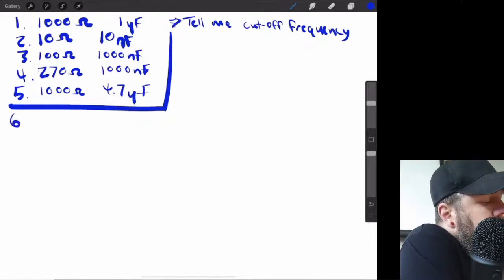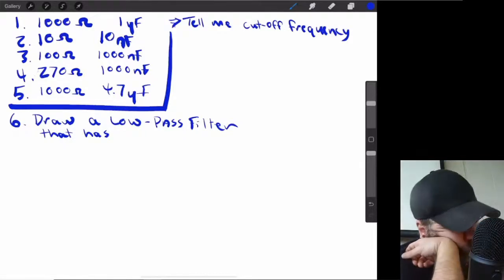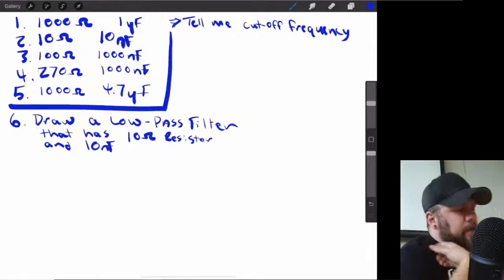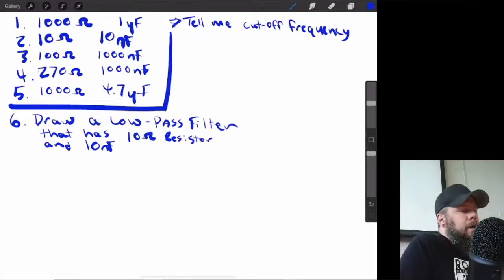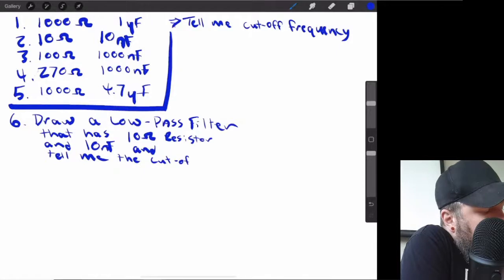Number 6, draw a low pass filter that has a 10 ohm resistor and, I'm going to make it easy for you because you've already got that answer up there, and tell me the cutoff frequency.